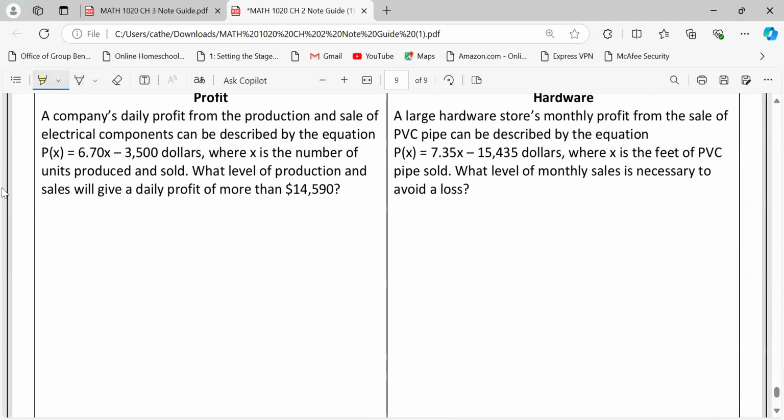A company's daily profit from the production and sale of electrical components can be described by this equation, where X is the number of units sold and produced. What level of production will give a daily profit that is more than $14,590? So we're going to put the equation on the left.